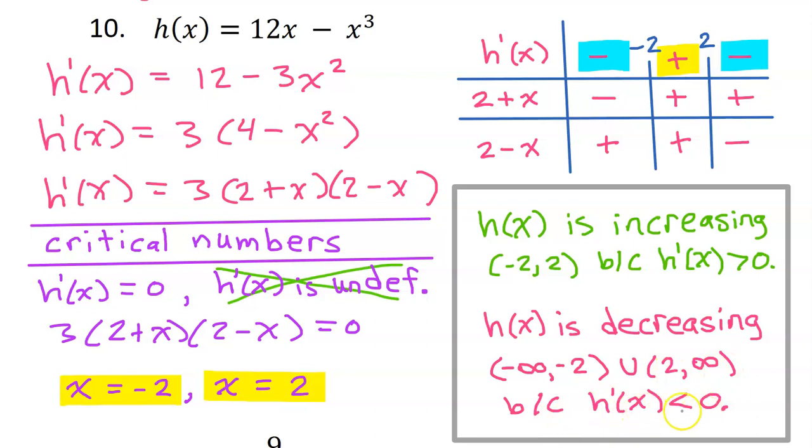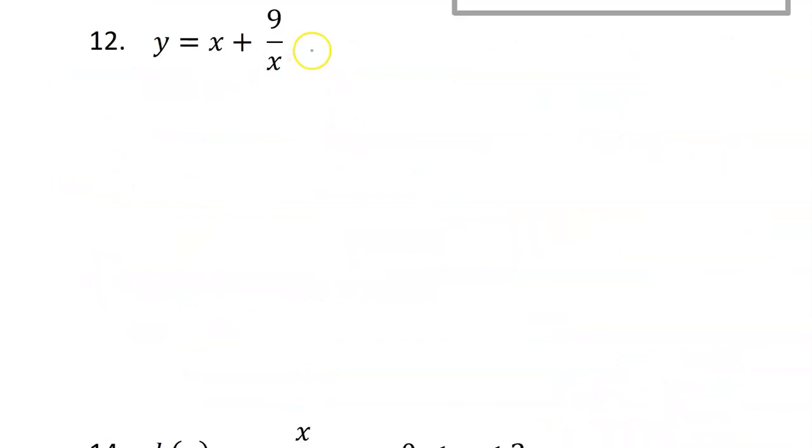Before we take the derivative of this function, I will first rewrite it a little bit. This is the same as x plus 9 x to the negative 1 power. I just brought the x out of the denominator.